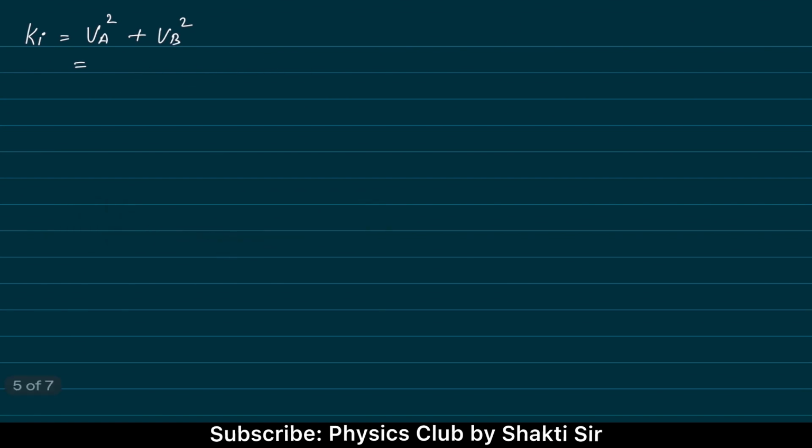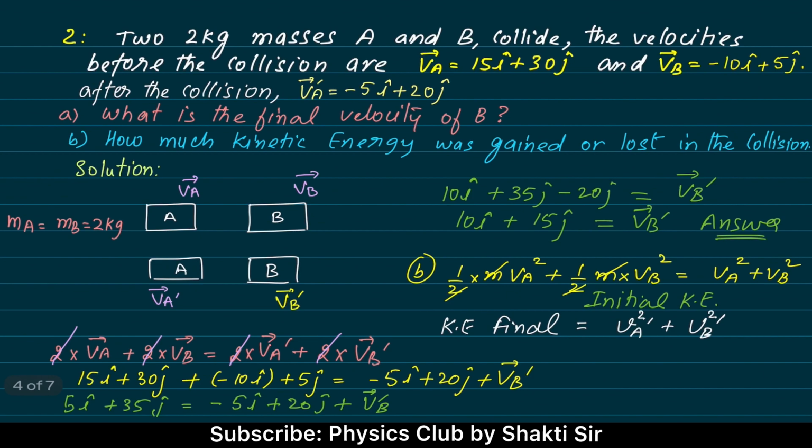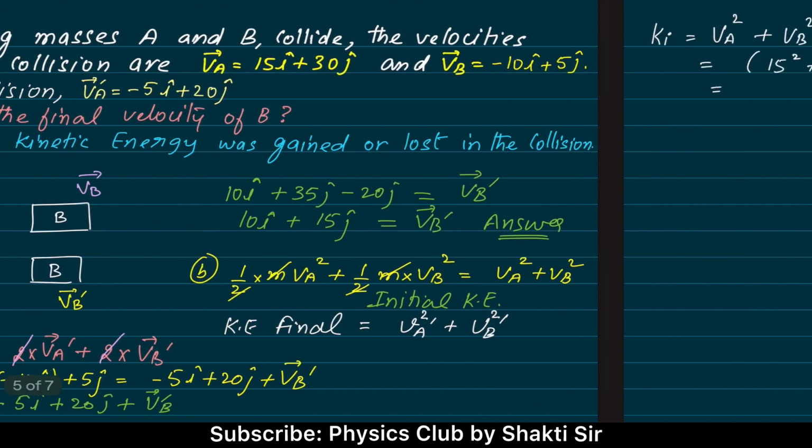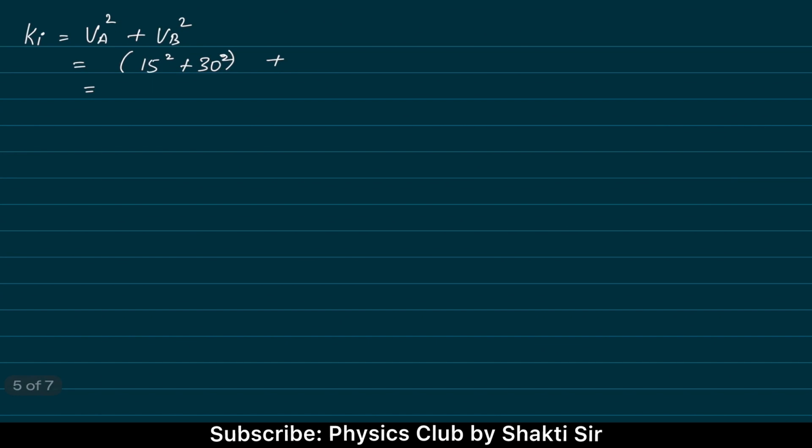VA square is 15 square plus 30 square, and VB is negative 10 square plus 5 square.